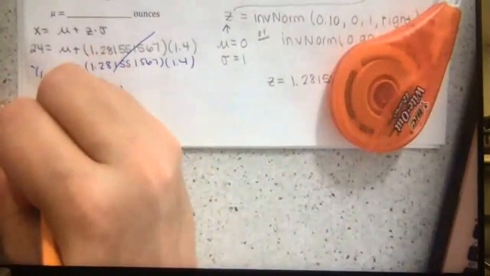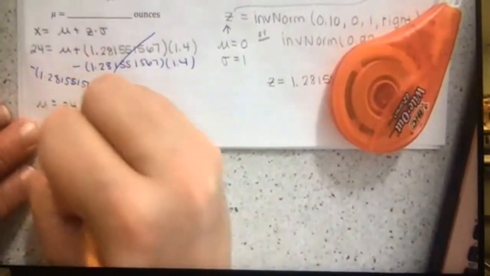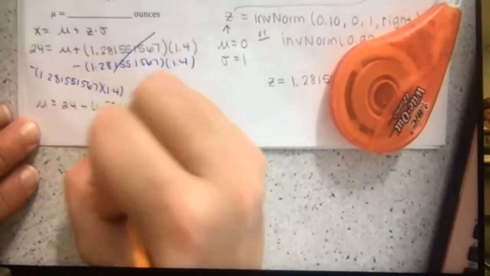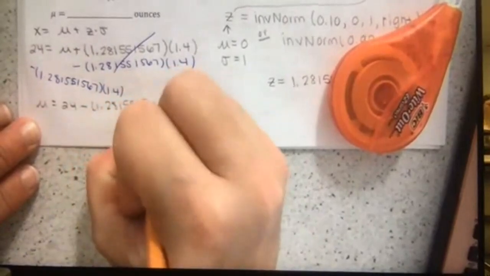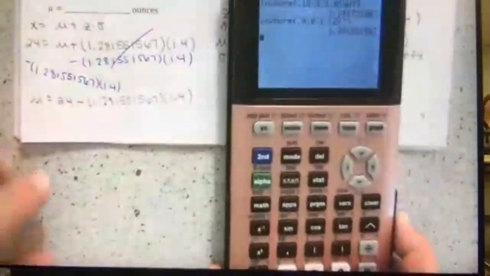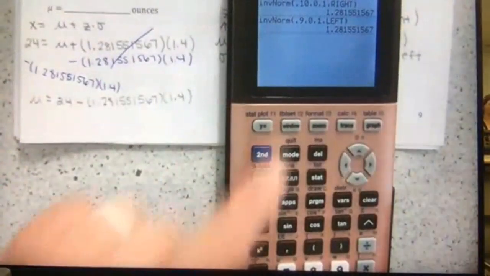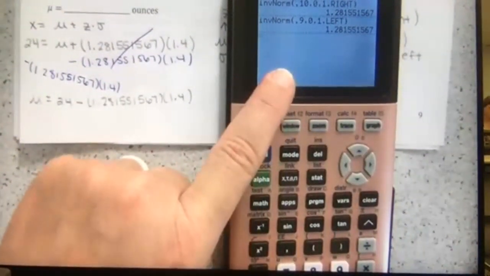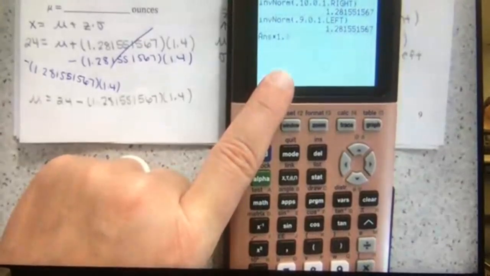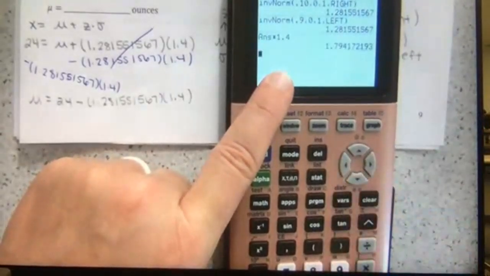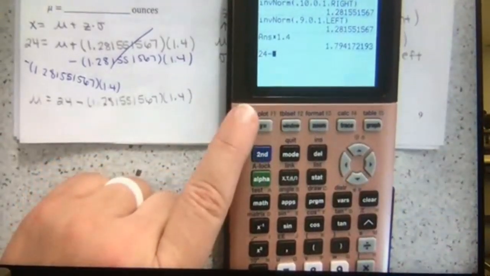That way those cancel. So our mean is going to be 24 minus 1.281551567 times 1.4. In my calculator, notice I don't have to write that whole thing because I already have it in my calculator. I can do times 1.4 equals, and I can do 24 minus that answer.